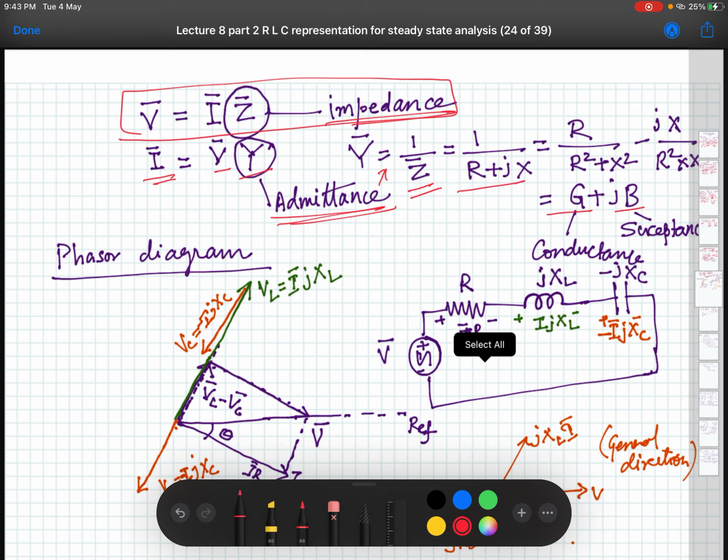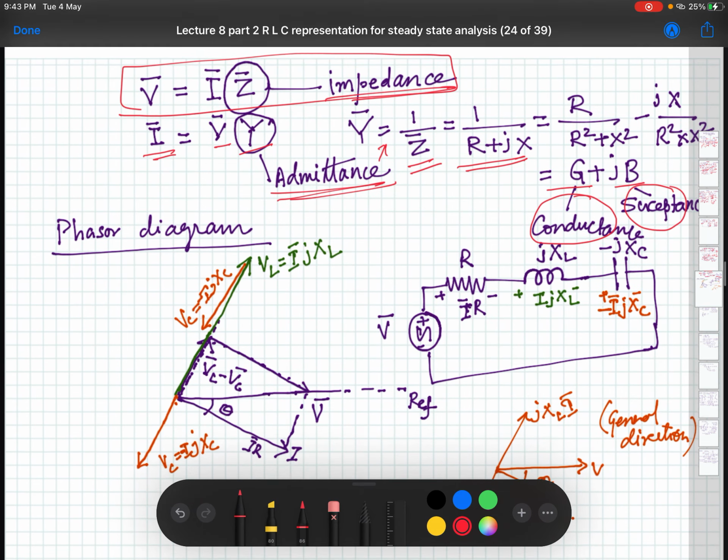When you write the reciprocal of Z, the G part is called conductance, the real part, and jB is the susceptance, which is the imaginary part. So admittance also comes in complex form, as impedance Z does.